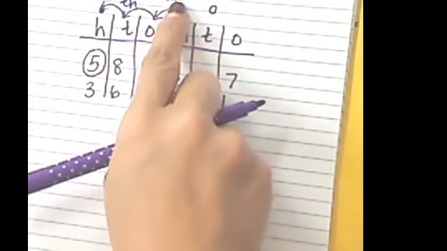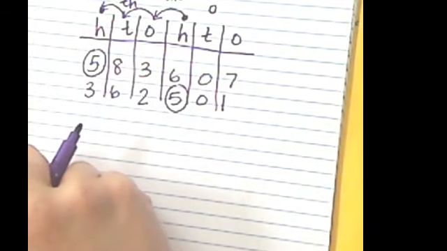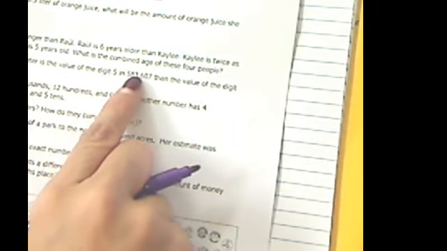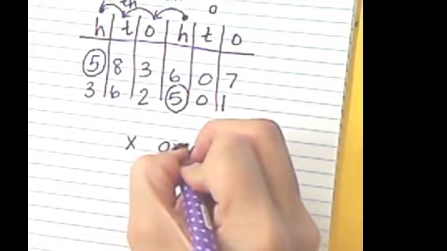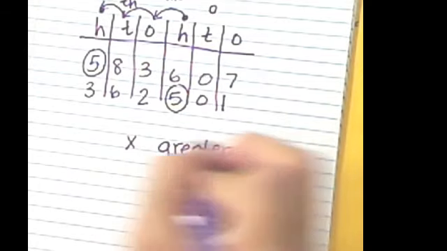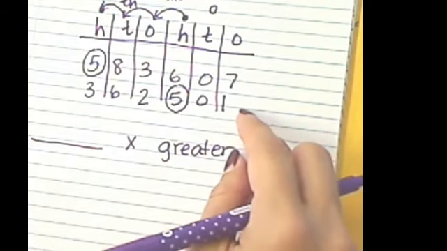Our steps say that the number of shifts is going to equal the number of zeros in your answer. So if the question was asking, how many times greater is the value of the digit 5 in this number than that number? How many zeros do we have?